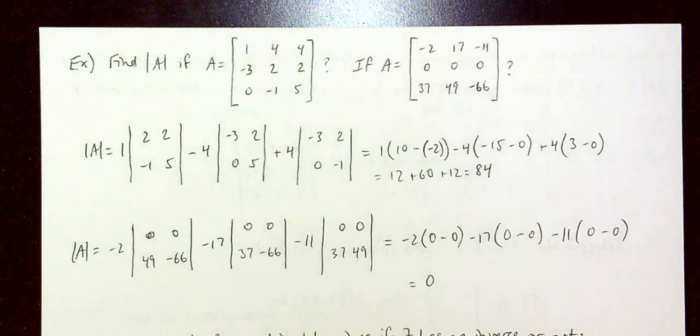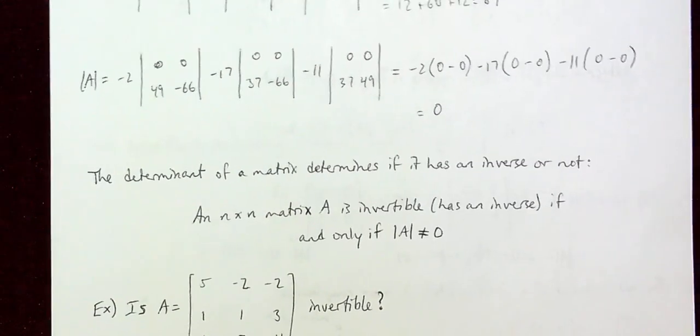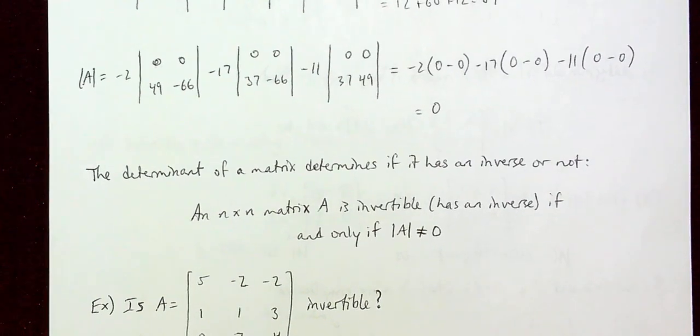But we also said that we would talk about when we know that we have it. How do we know when a matrix A has an inverse matrix? Well, what dictates whether or not we have an inverse matrix is actually the determinant of the given matrix. And it's very simple to figure out.